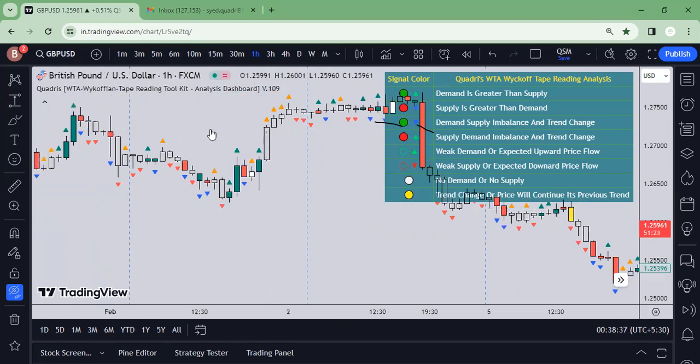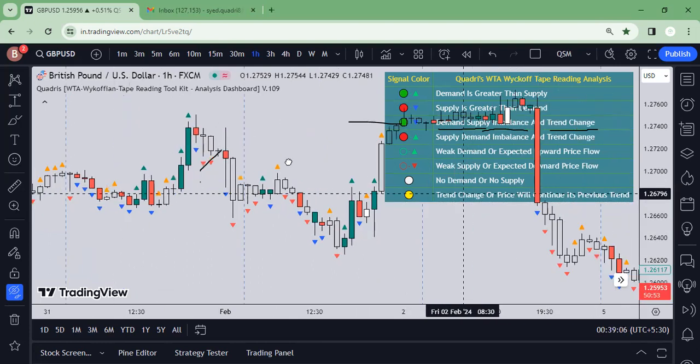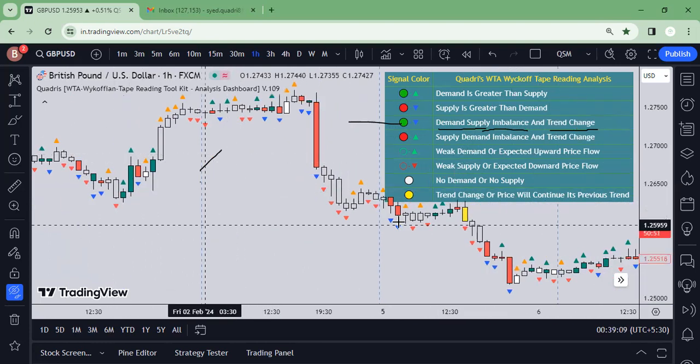So whenever this kind of situation arises in the market, here you can say there is a demand supply imbalance and a trend change is about to come, or there is a possibility of trend change. I hope you people are able to see this. Okay, I'll keep it this way.